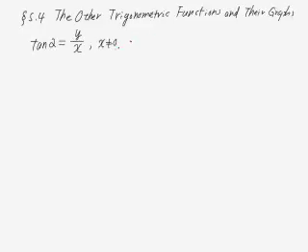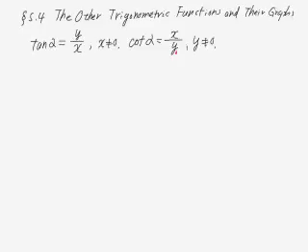And then we define another trigonometric function, cotangent alpha. This is defined as the x over y. Here we need the y not equal to 0. So this is the 4th trigonometric function.